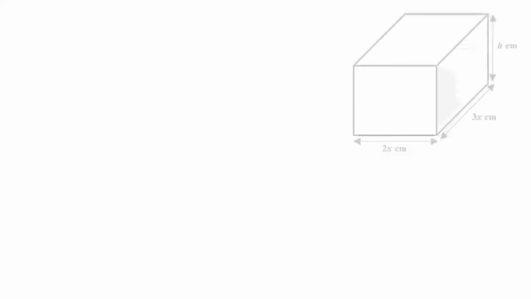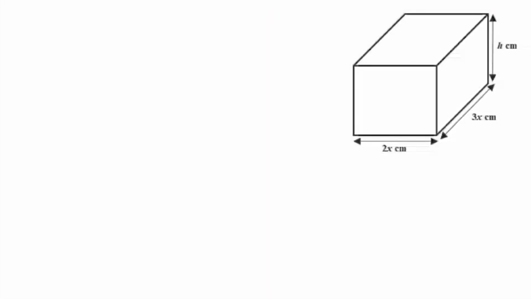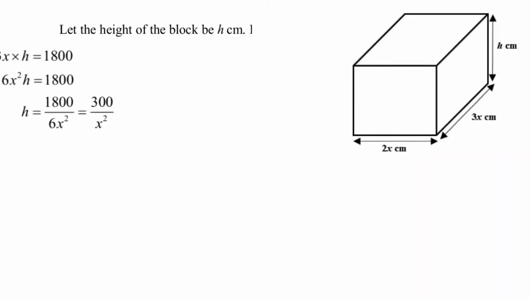From the information in the question, we can draw a block with the base 2x cm and 3x cm. Let the height of the block be h cm. Then we need to express h in terms of x. From the information, we know that the volume of the block is 1800 cm³.